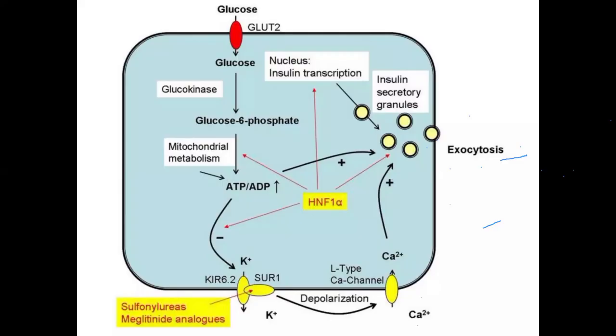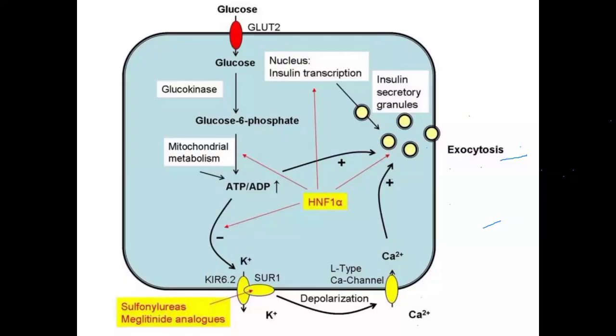After which glucose is converted to glucose 6-phosphate by the enzyme glucokinase, and glucose 6-phosphate is further converted to ATP or ADP via mitochondrial metabolism. And this ATP or ADP acts through the potassium channel, and the site for the sulfonylurea is this potassium channel.